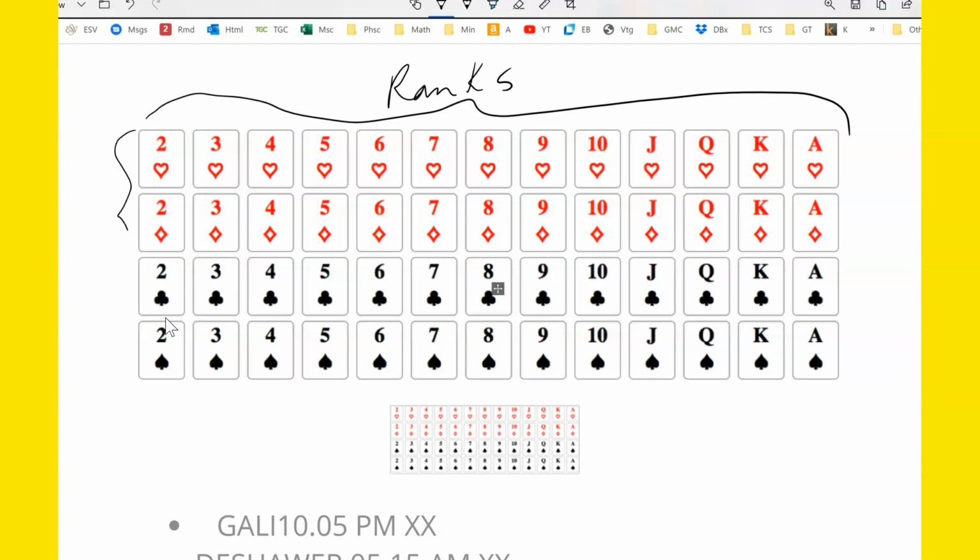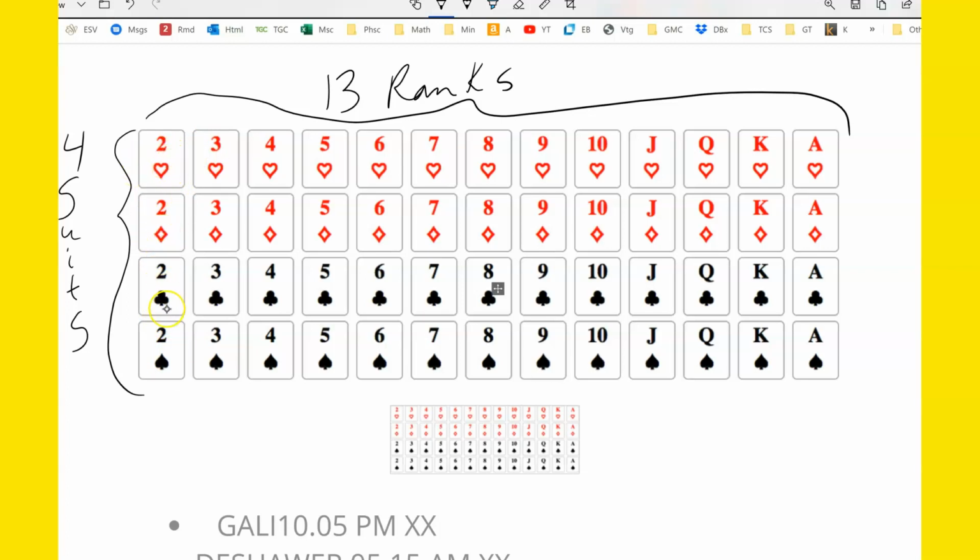These are called suits. So there are 13 ranks and 4 suits. The suits are hearts, diamonds, clubs, and spades.